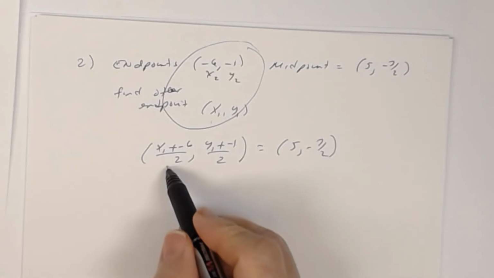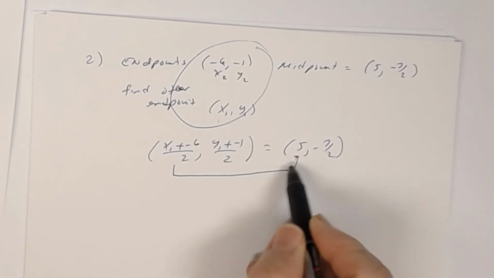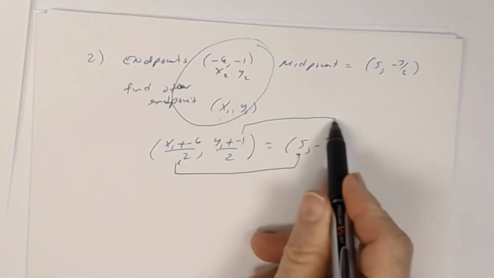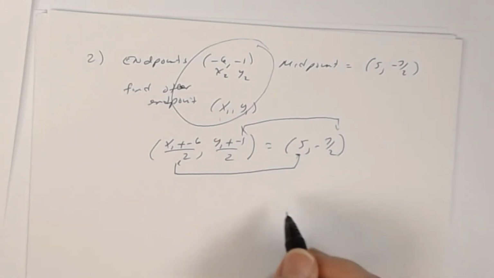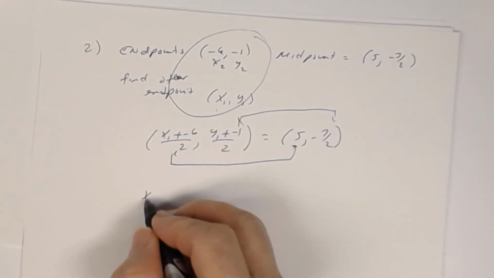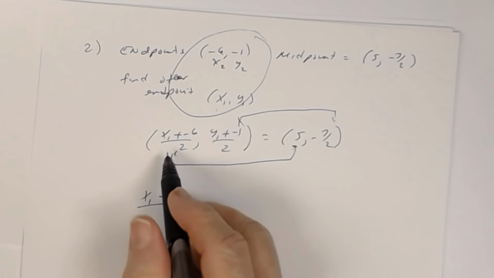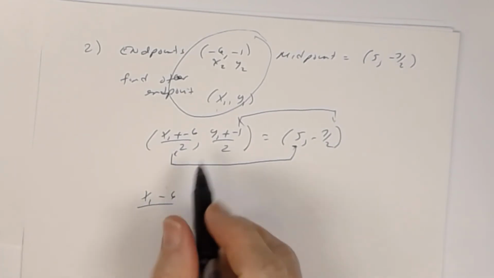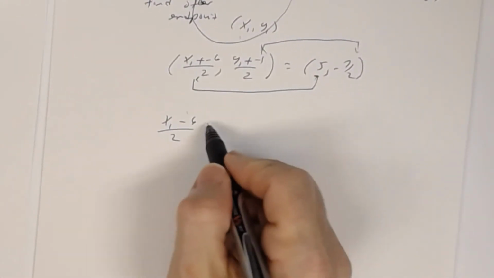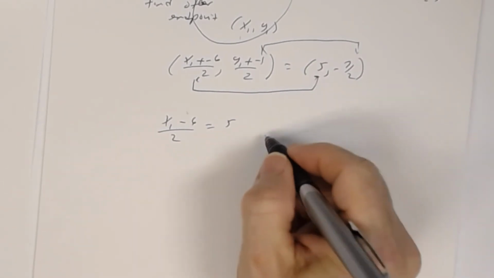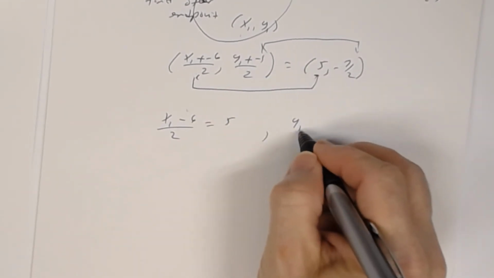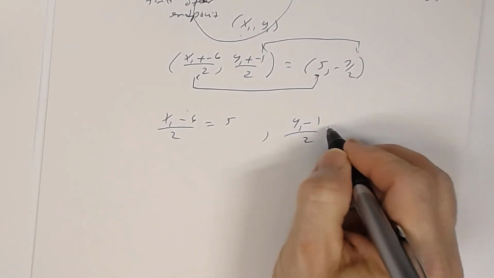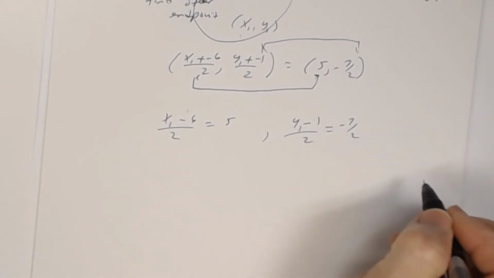Now all you do is set the x coordinates equal to each other, and the y coordinates equal to each other. So you get x1 minus 6, same thing as x1 plus a negative 6, divided by 2 equals 5. The other one is y1 minus 1 divided by 2 equals negative 7 halves.